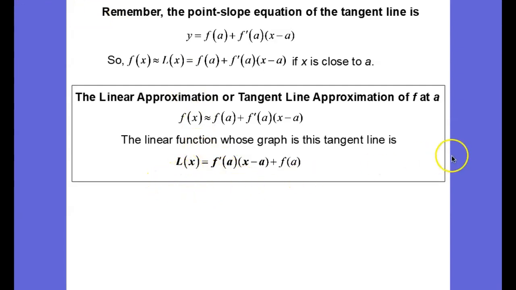So you're going to need to commit to memory this linear function for the tangent line, and we'll do a few examples where we use this function to produce an approximation. And then we'll talk about whether or not our approximation is an overestimate or an underestimate.